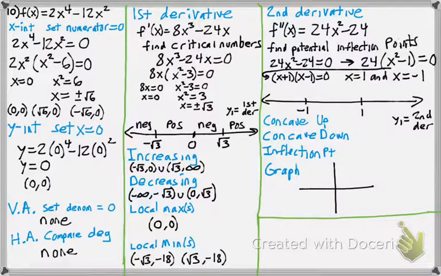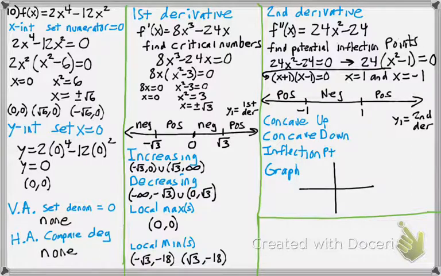If you plug in a number less than negative 1, you'd get a positive value. If you plug in a number between negative 1 and 1, you would get a negative value. If you plug in a value that's greater than 1, you would get a positive value. So this is going to tell us a lot of information.